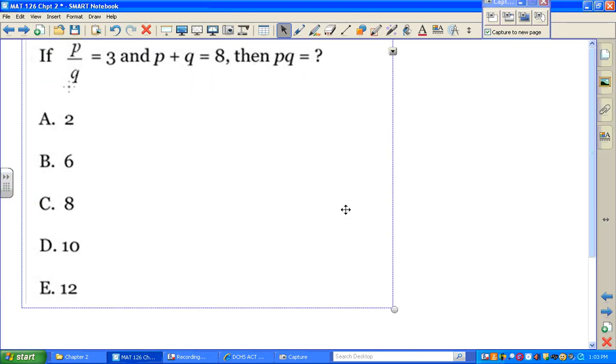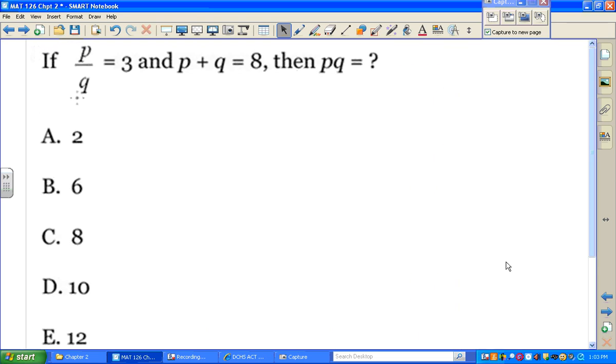If P over Q equals 3 and P plus Q equals 8, then what does P times Q equal? Quiet, please. Take just a minute to come up with this. If P over Q equals 3 and P plus Q equals 8, then P times Q equals blank.